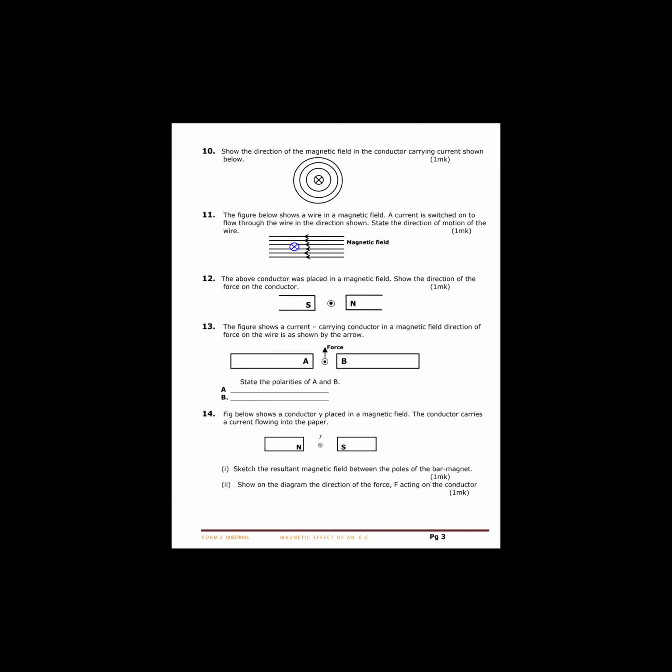Ten. Show the direction of magnetic field in the conductor carrying the current shown below.